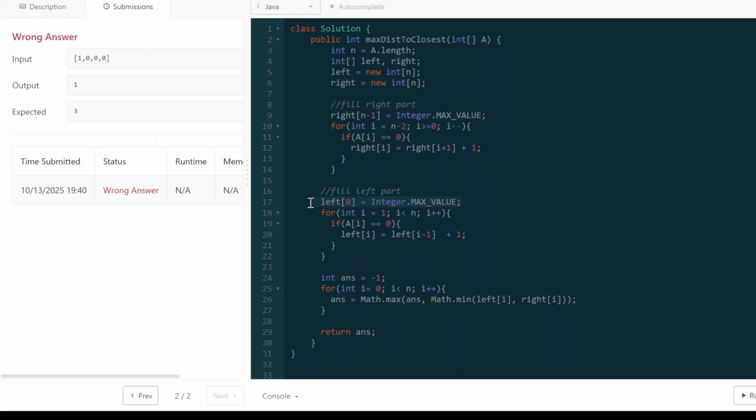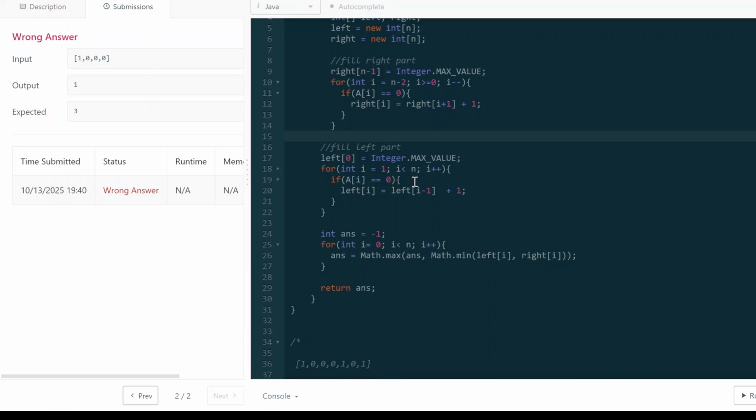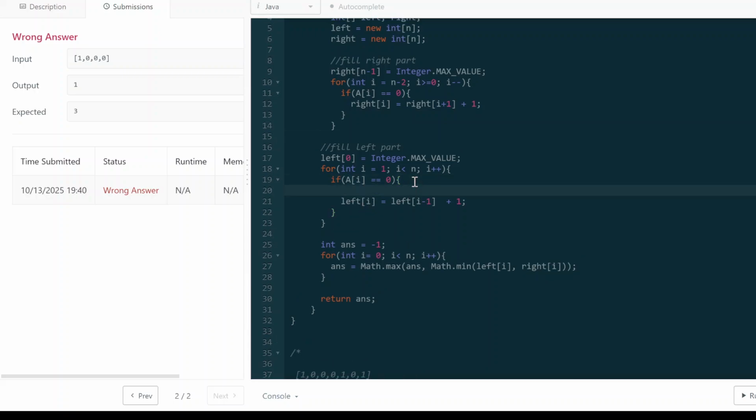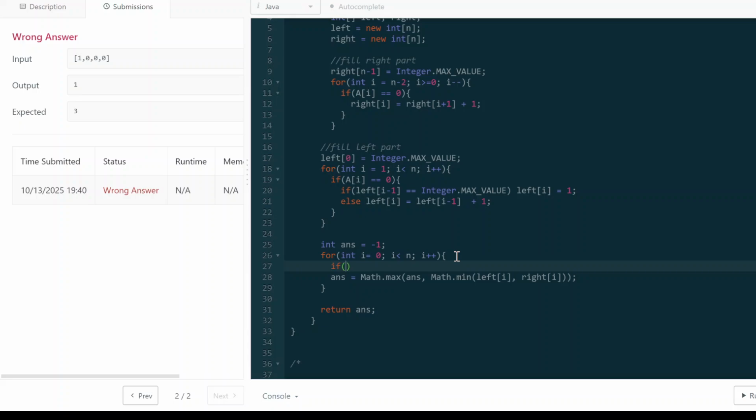Left part, right part. No, no, no. We cannot do that. Maybe I can just write something like this. If left of i minus 1 equals Integer.MAX_VALUE, then left of i equals 1, else left of i minus 1 plus 1. Similarly here also, because I don't want to make this out of bound, right?